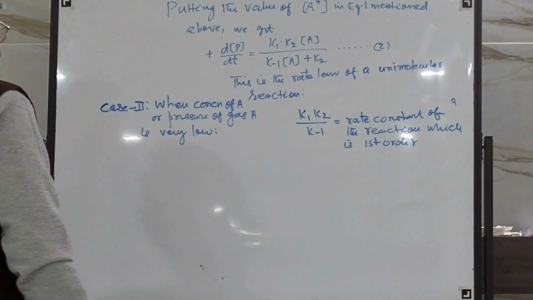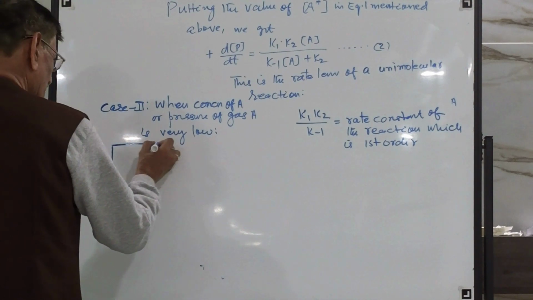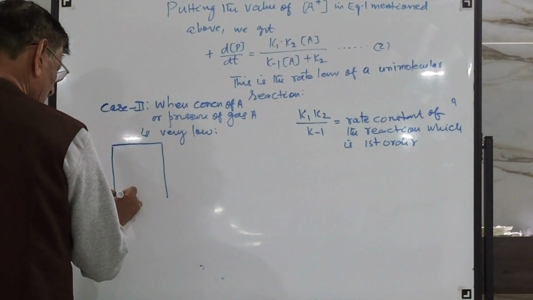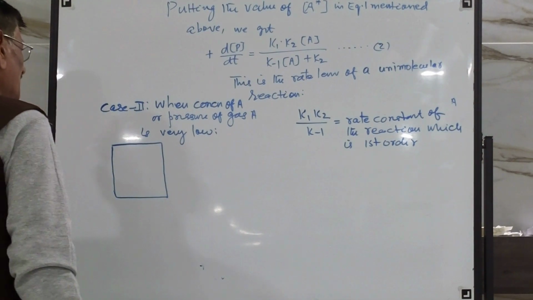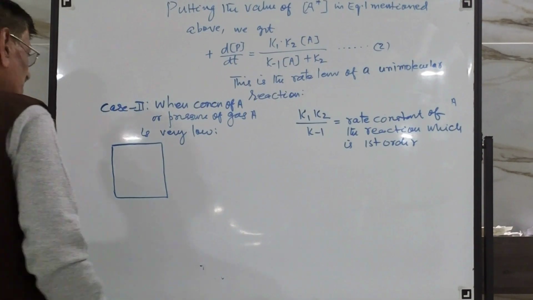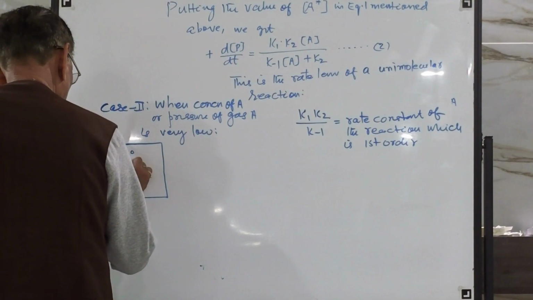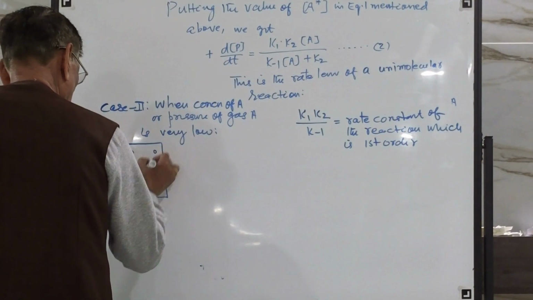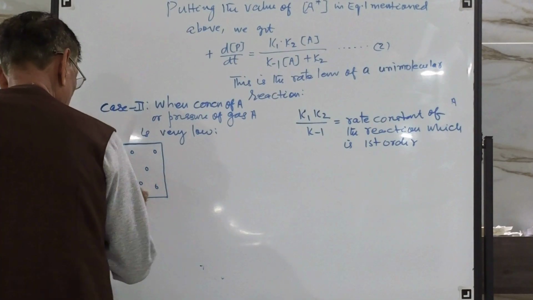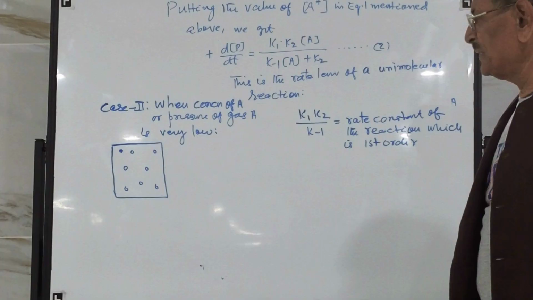This situation can be depicted as, suppose this is the container, and in this container the reactant A is enclosed, the concentration is very low. This means the molecules of A are far apart from one another.